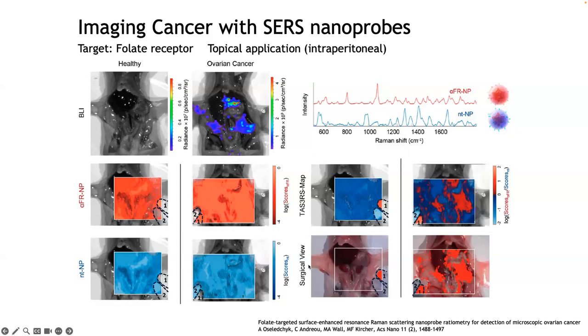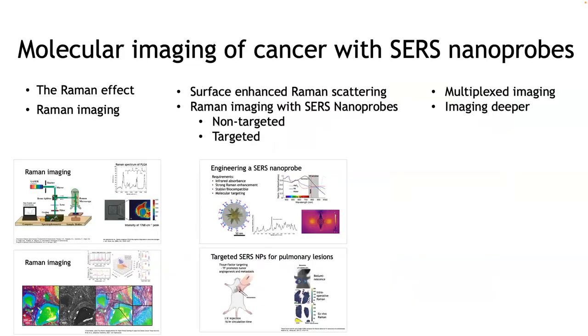And like magic, we see that where we have higher expression of the folate receptor, we get a higher ratio of our two nanoprobes. So in this way, we can use the specificity of SERS, of Raman imaging, to see something that is hard to see otherwise. So this is one strategy, ratiometry, to get an image that's otherwise hard to get.